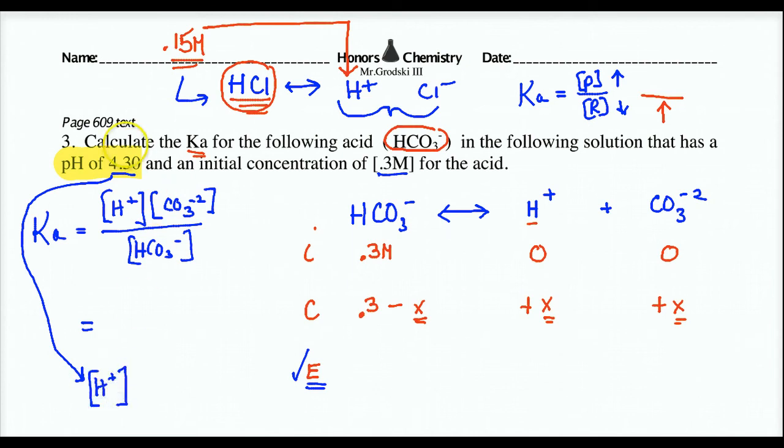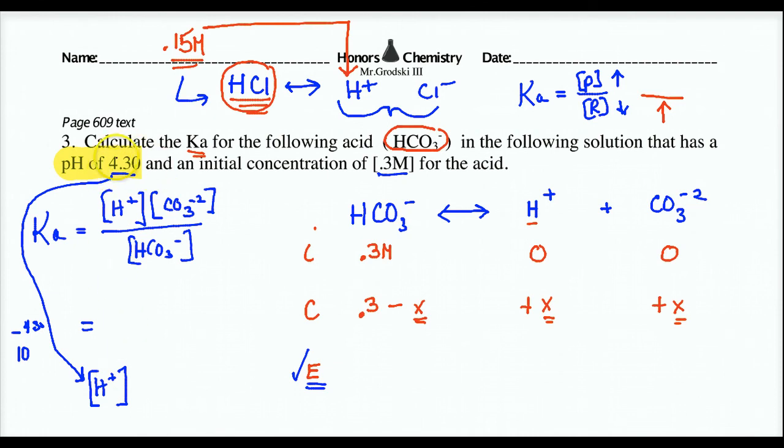Wait a minute. If I can convert this pH to the actual value that it represents as a real number, that's going to give me this concentration, which, by the way, must be the X. So, to go from a pH back to a real number, what do we do? We do 10 to the negative 4.30. Why? Because negative log from this number gets me this.